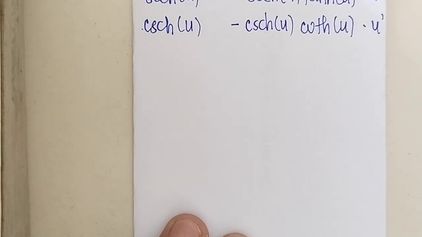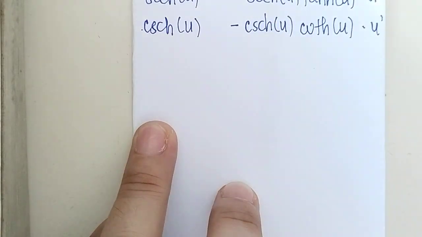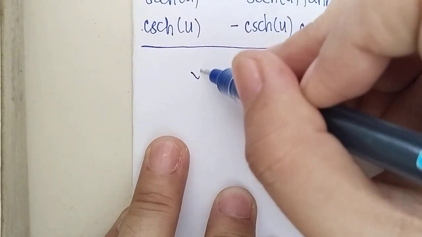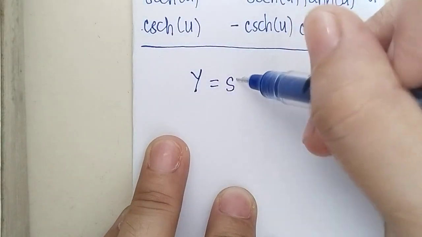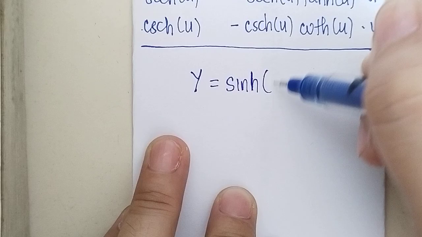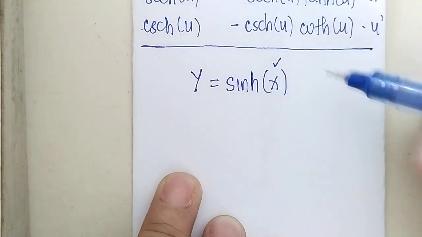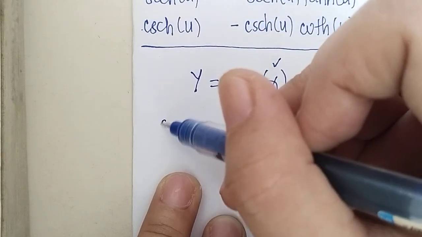Okay? So, if you remember, how do we get the inverse? For example, we have y equal to the hyperbolic sine of, let's say, x. If you want to get x, what we do is apply the inverse to both sides.